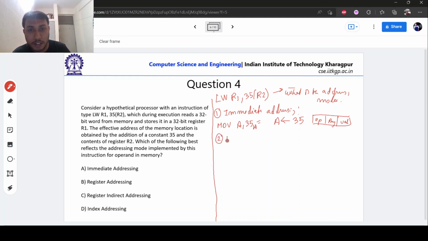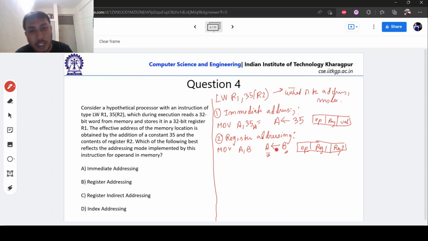Next, register addressing. Simple register addressing can be shown as move A comma B. This transfers the content of register B into register A. The corresponding instruction will look like this: there will be the opcode, the destination register, and the source register.